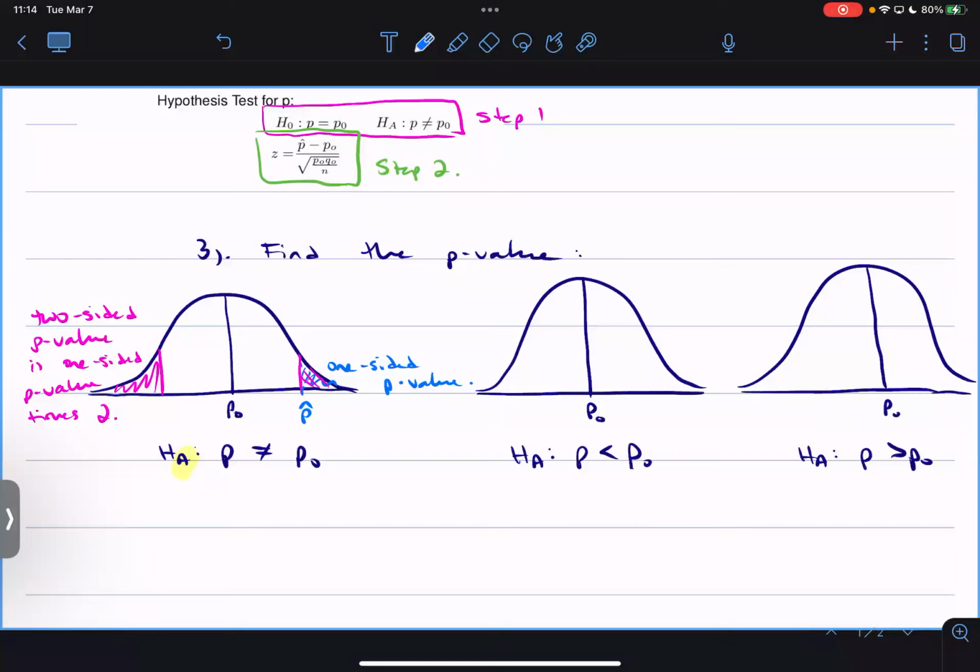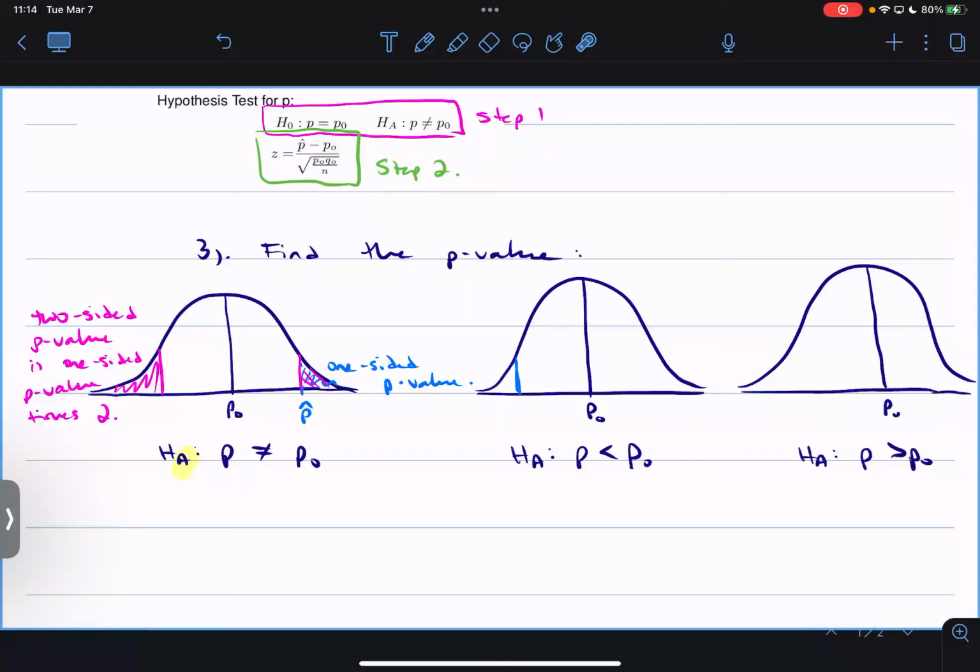It doesn't work because your p-value would be huge. So just something to be careful of. And I'm pretty sure in the assignment, it's not posted yet, there is an example where you have them switched around and you have to pay attention to that.